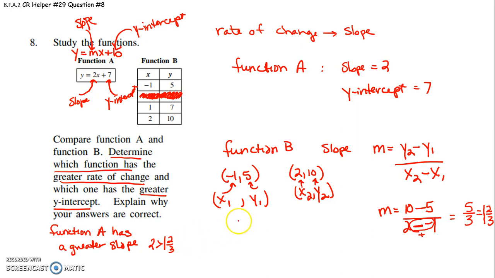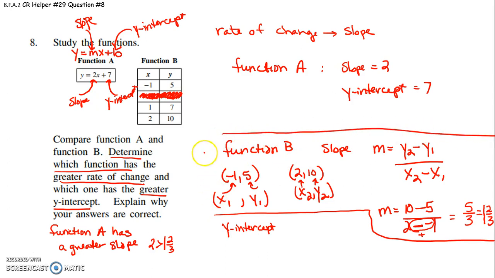Let's check the y-intercept. There are lots of ways to go about finding the y-intercept. I am going to now find the y-intercept for function B. Lot going on here. Let's hope that you watch the video, because to follow just my hard copy solutions might not always be easy. To find the y-intercept, I'm going to use y equals mx plus b.